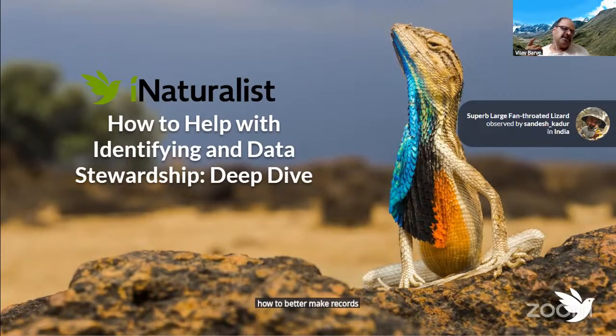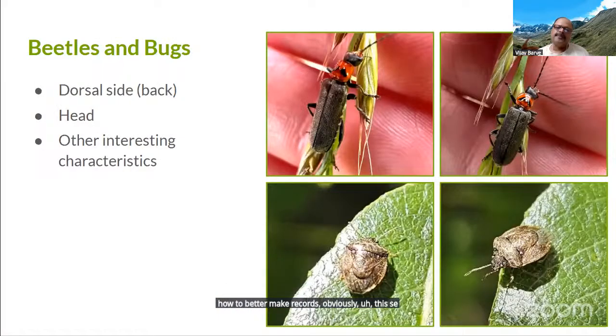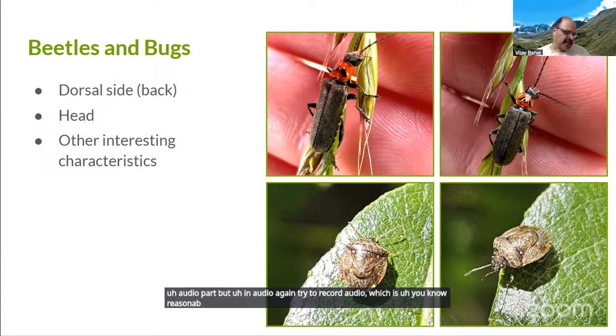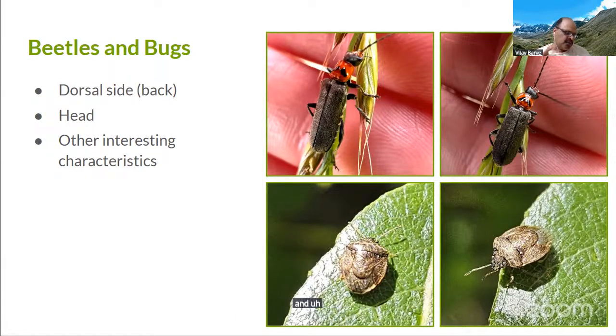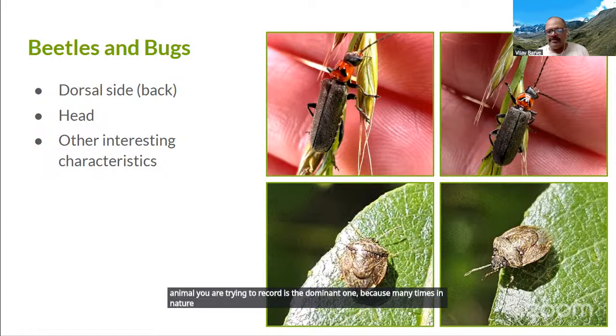Obviously, this section does not have the audio part, but in audio, again, try to record audio which is reasonably clear, and try to record audio where the sound of whatever animal you are trying to record is the dominant one, because many times in nature there are multiple sounds.